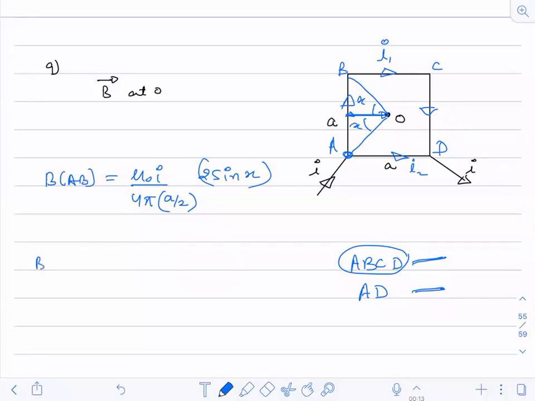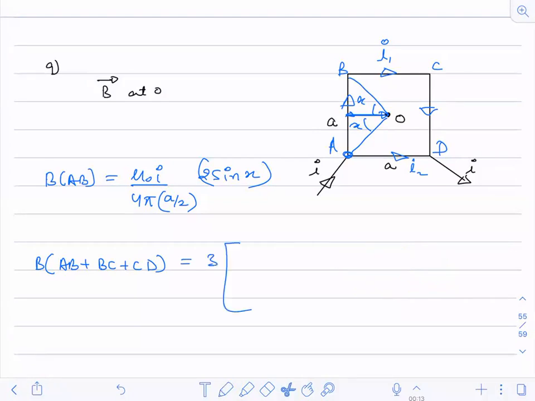So the magnetic field due to AB plus BC plus CD will be 3 times what you have calculated over here.